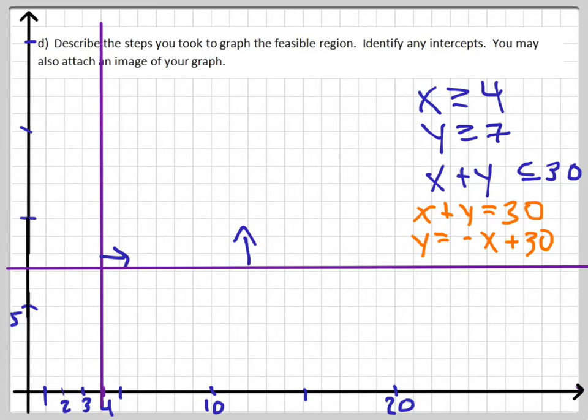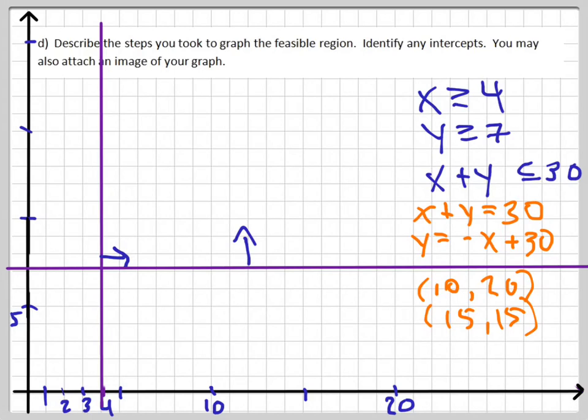So instead, let me just look for some points that make this equation true, and I'll try to choose ones that are actually on the graph. If I choose x is 10, that means y has to be 20. I can sort of fit that on there, but it's kind of at the top, so I might want to choose a few others. If x is 15, y is 15, that should work.